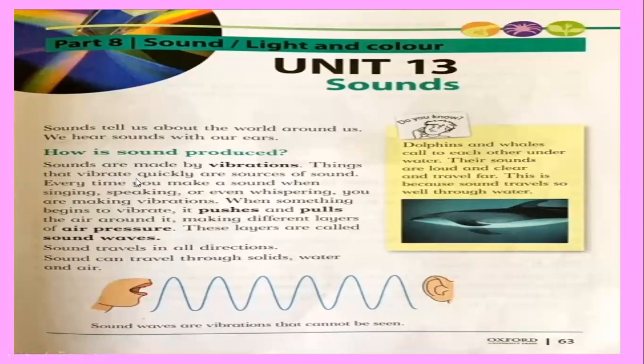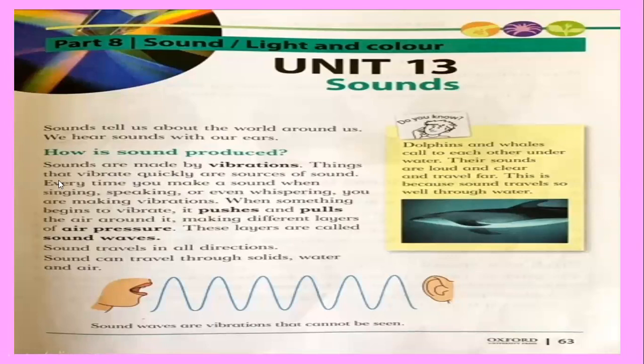Understand? Things that vibrate. I think all of you have experienced when your parents' cell phones are on silent and they vibrate. You can feel or see that the mobiles are moving slightly, but there is no sound because they are on silent mode, but you can see the vibration. This is vibration.